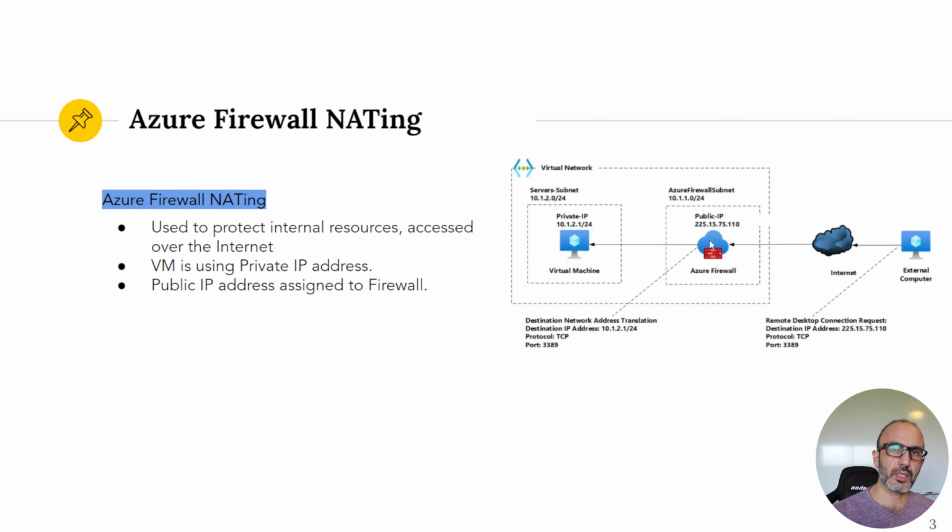The firewall would then translate this public IP address to the private IP address of the virtual machine. This way, you would connect to your virtual machine in a secure fashion, and you could apply all the security policies and traffic monitoring for any traffic that is destined to your virtual machine.